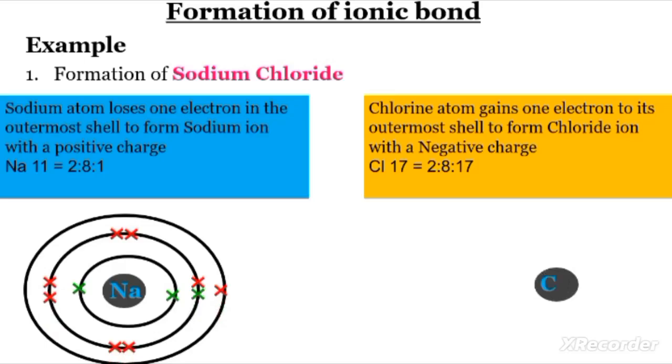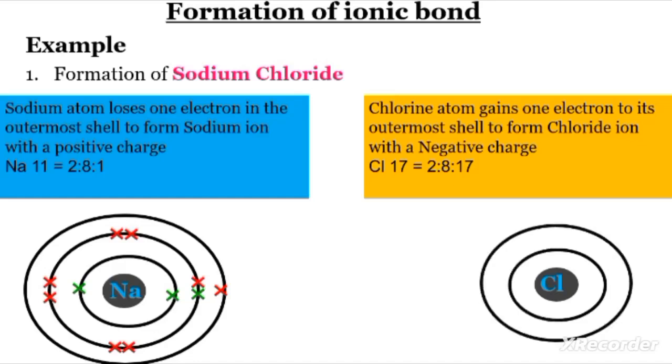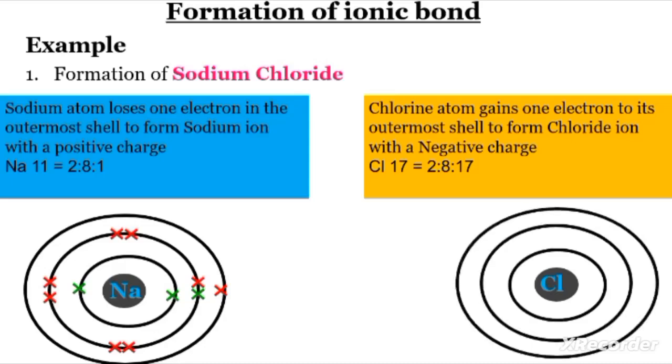Here we have chlorine, which is also surrounded by 3 shells: 2 electrons in the first shell, 8 electrons in the second shell, and 7 electrons in the outermost shell.